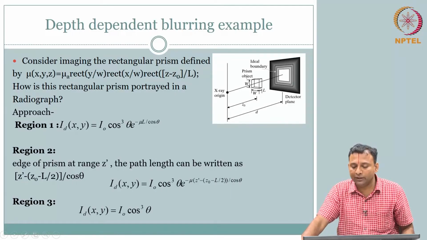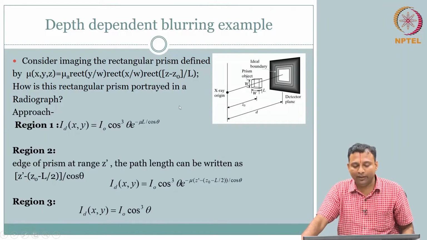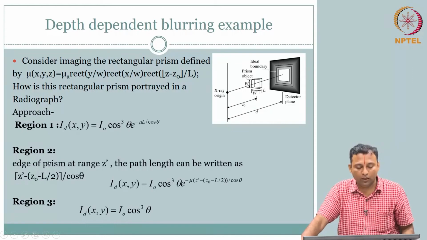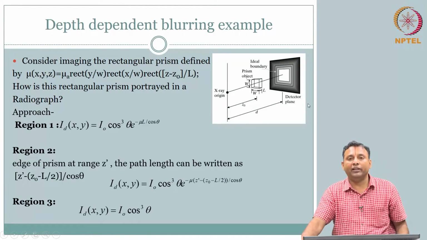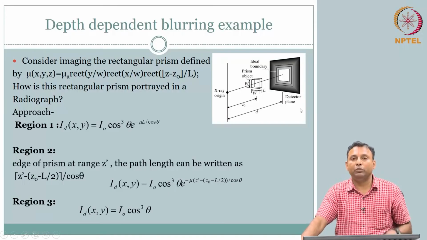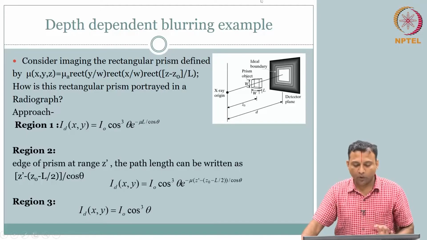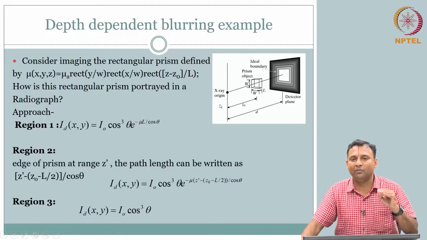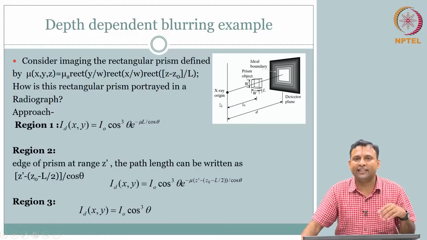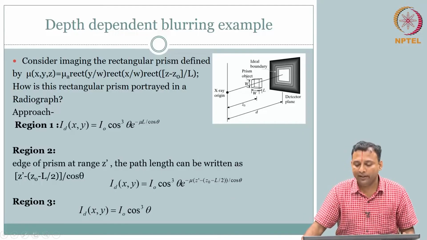Here you just see the x and y variation and you have the equations, but what is the range when it transitions from R1 to R2 or R3 in terms of the geometry that you see, those things you should be able to work out. Intuitively this is what is happening, and all of that is one step geometry only, all your triangles, similar triangles, sin theta, cos theta, tan theta, those things you will have to use to describe the range.